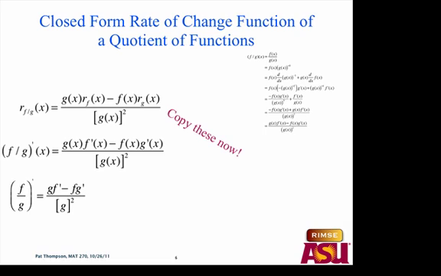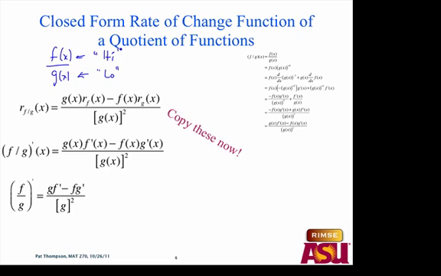Okay, so this takes a little more effort to memorize. You do need to memorize it. So here's kind of a trick. It's like a chant, okay? If we call the numerator the high function and the denominator the low function, so we started off with f over g, right? If we call that the high function, it's up high, and this is the low function.